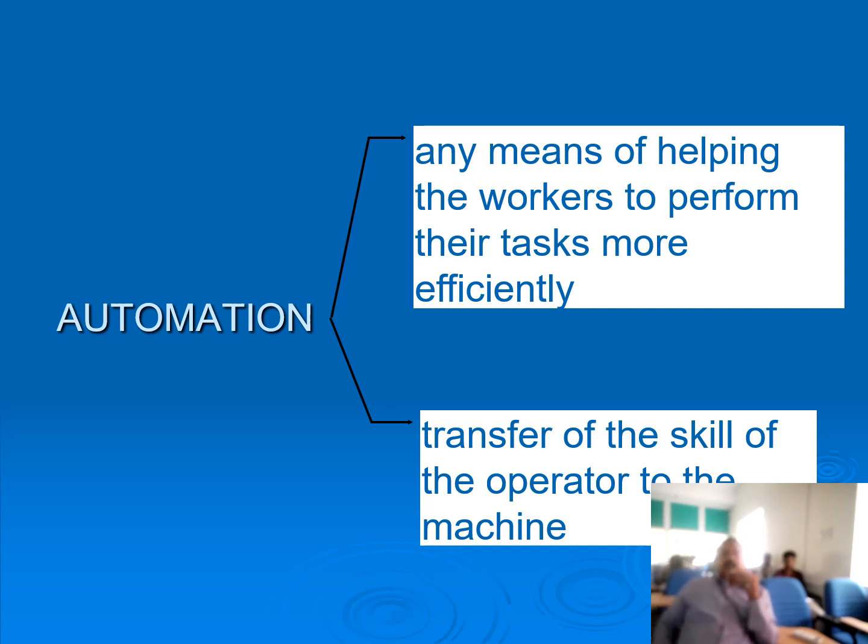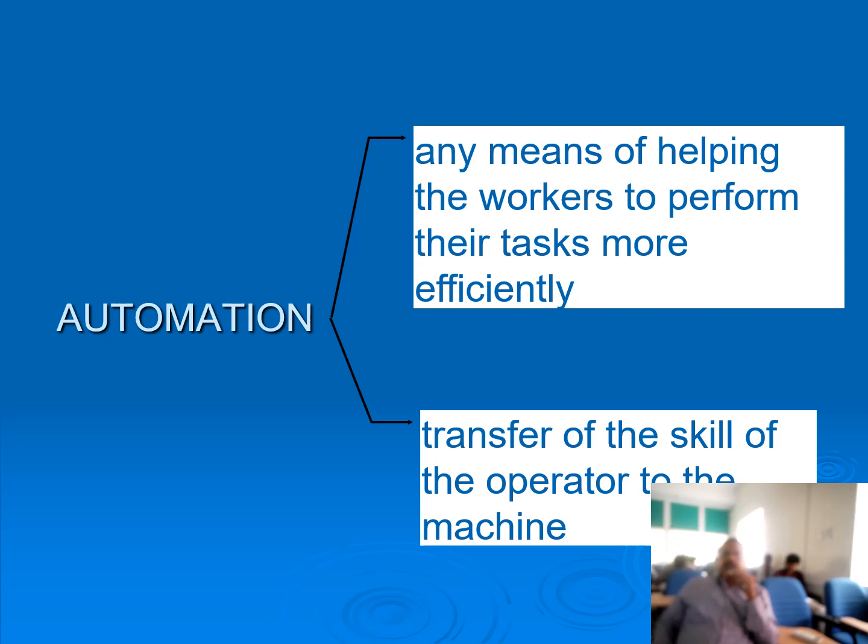Now coming to automation. What is automation? It is any means of helping the workers to perform their task more efficiently. So a worker is working on a particular machine, and to help him perform the task more efficiently and with less time, we make use of automation.